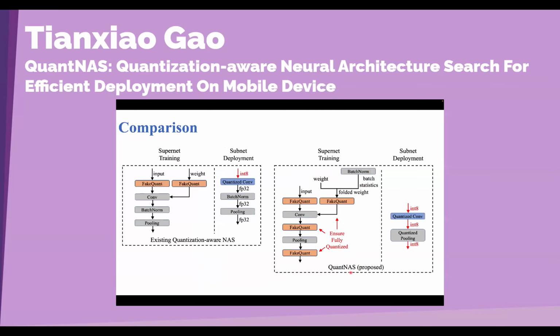Here, we more clearly demonstrate the differences between our method and the existing methods. When training the quantized networks, fake quant operators are employed to simulate the quantization. Existing quantization-aware methods only quantize the input and weight of operators with large flops, such as convolution layers. Other layers, such as batch normalization and pooling layers, may be deployed so that only the quantized layers of the deployed subnets can perform integer calculations.